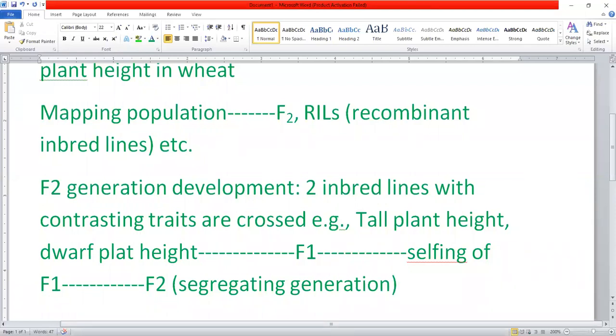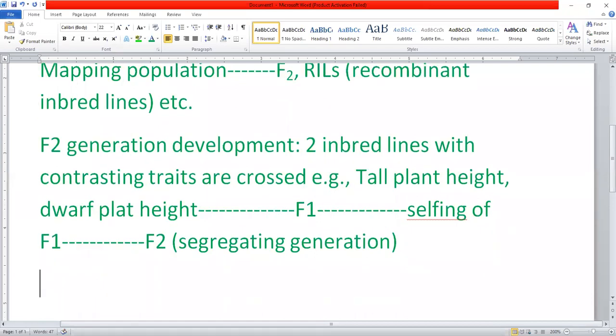So this F2 population will be phenotyped at the maturity stage. We will record the plant height of all the plants of the F2 generation. The optimum size of the F2 population for the mapping population is about 250 individuals.